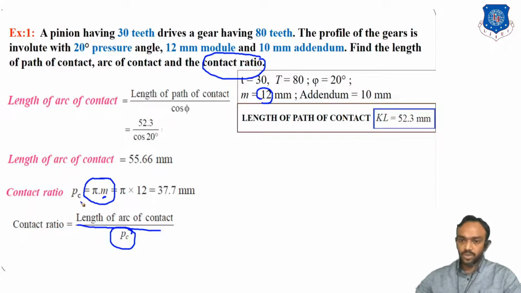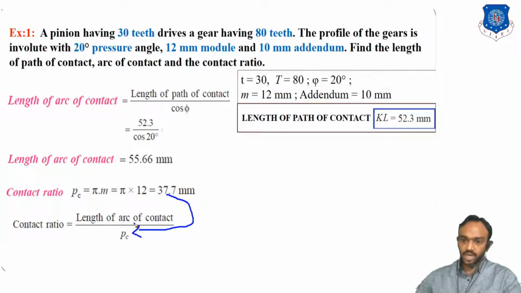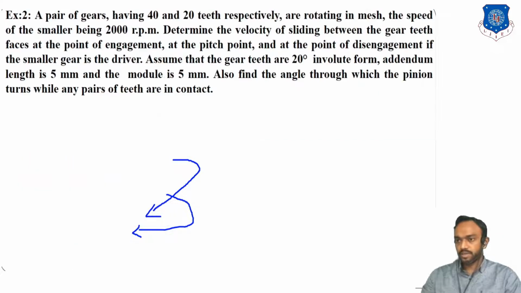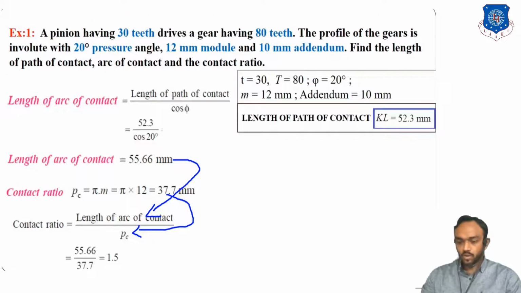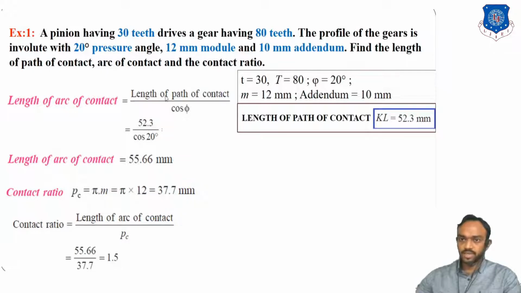So Pc is equal to pi into 12, it is 37.7. So now you will put this value as pi m, and arc of contact you have already found. Put both values in the formula and you will find 55.66 divided by 37.7, 1.5 is the contact ratio. Okay, so this is a very easy and basic example.